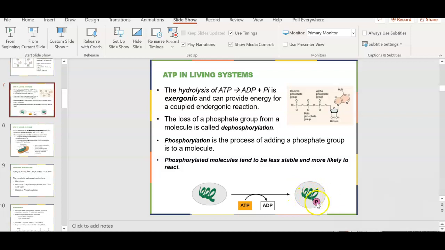What that does is make this molecule less stable and therefore much more likely to react. So in a series of biochemical reactions going from A to B to C to D to eventually some product, very often part of the process is putting one of those intermediate products into a state that will now react and go to the next intermediate product. That's what phosphorylation is.